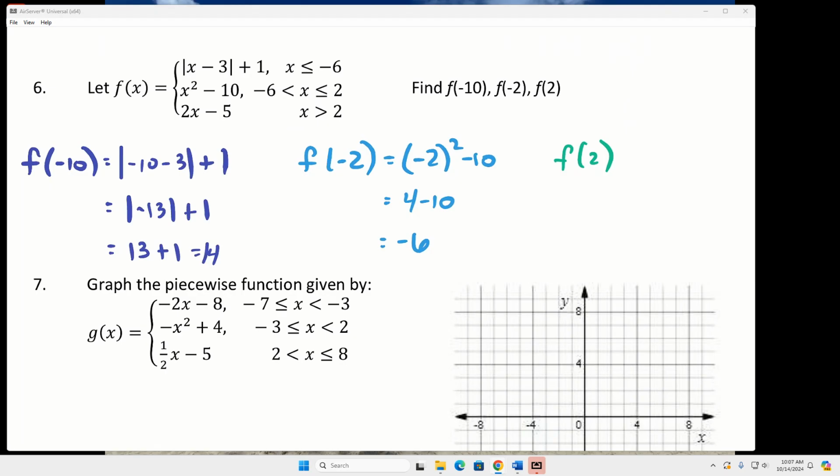So we're going to still use that same one. And even though there's two numbers with 2, we have to use the one with or equal to. So we should get -6 again.